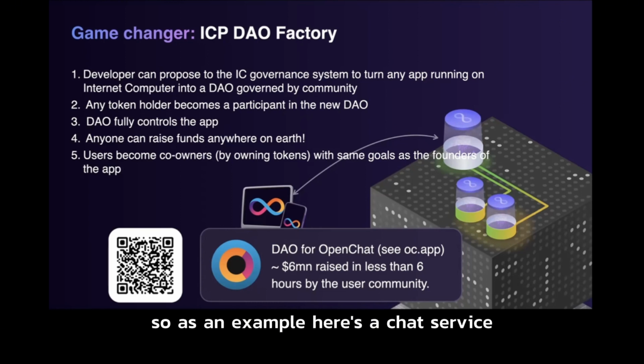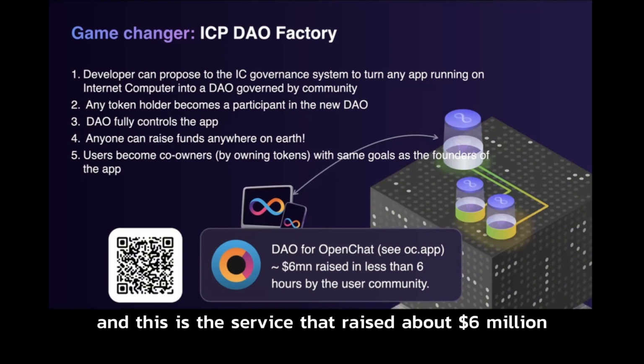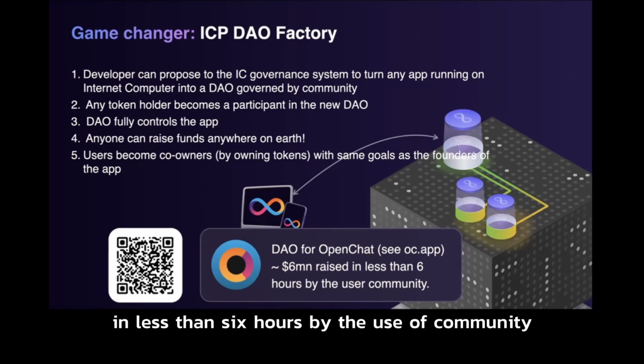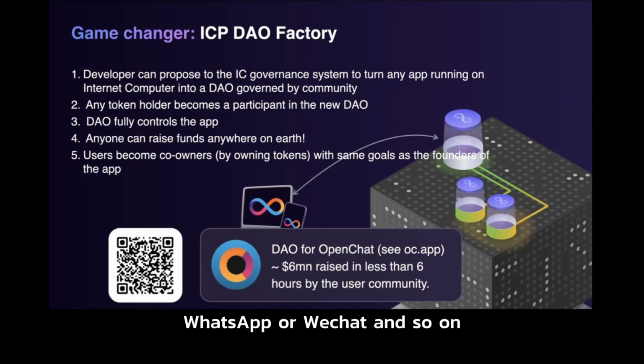So as an example, here's a chat service. You can log into oc.app. This is a service that raised about $6 million in less than 6 hours from the user community. It's essentially a decentralized version of WhatsApp or WeChat, and it also doubles as a crypto wallet.